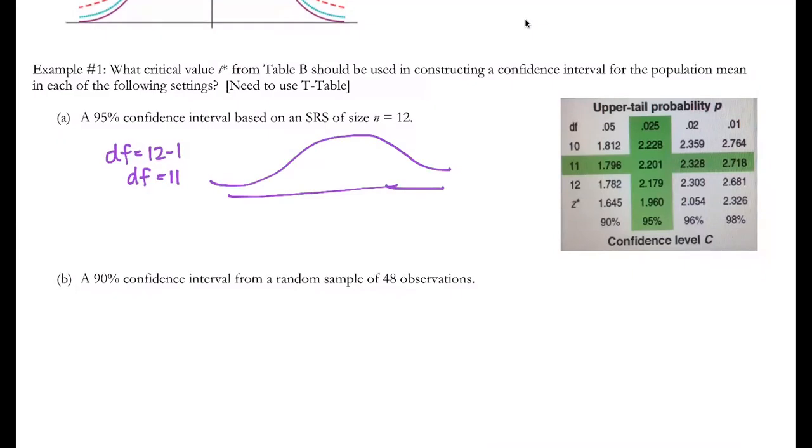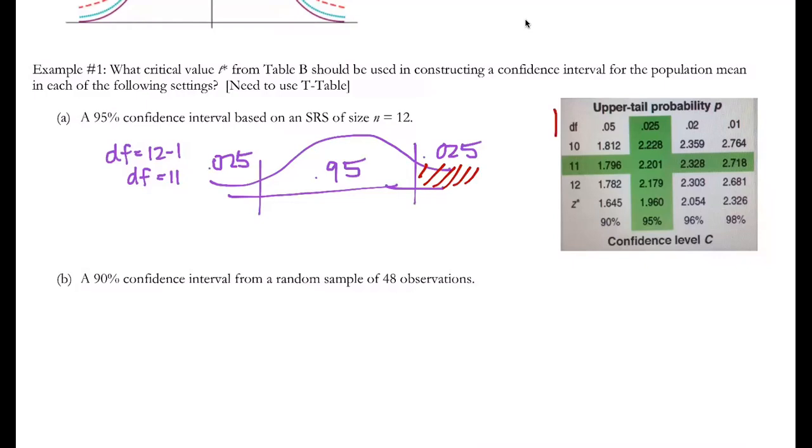The other thing you need to look at is the upper tail probability. So think back to our confidence intervals. If we have 95% in the middle, regardless of where that is on the distribution, you would still have 2.5% on each tail. So 0.025, 0.025. If you look at the T table, it always gives it to you in terms of the right tail probability. So we're looking at 0.025.